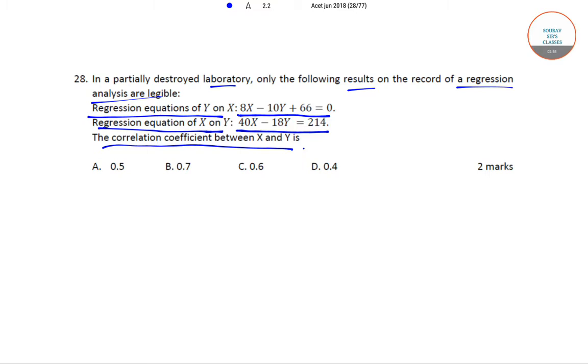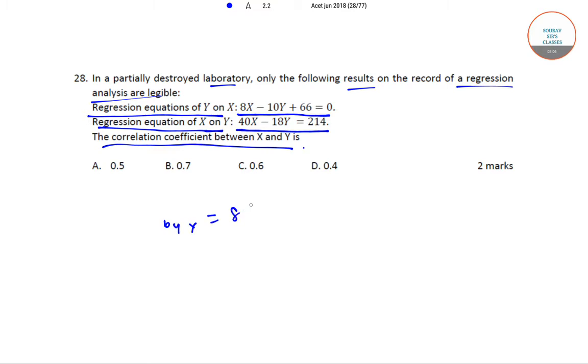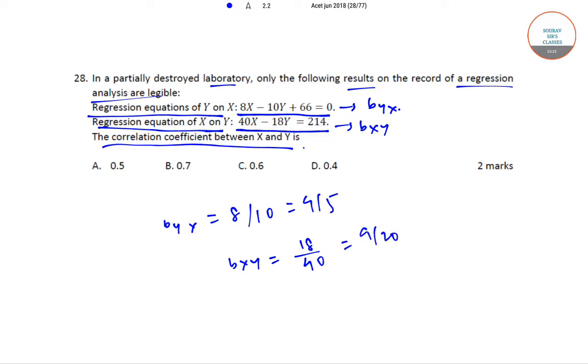Now, using these equations, we get byx is equal to 8 by 10, that is 4 by 5. Now byx has been found out using this, and bxy is equal to 18 by 40, that is 9 by 20.